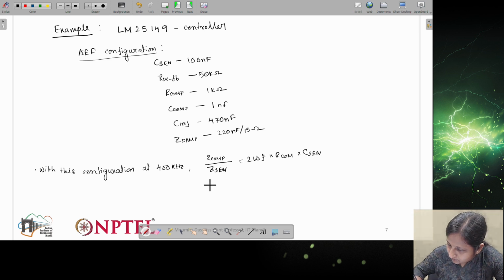So this will give op-amp gain equal to 250.